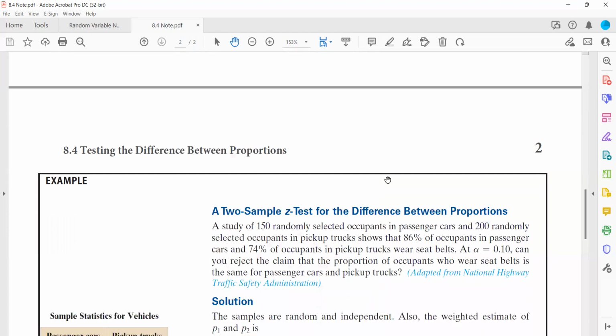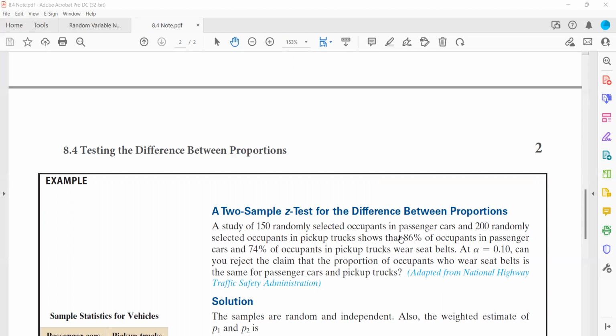A study of 150 randomly selected occupants in passenger cars and 200 randomly selected occupants in pickup trucks show that 86% of occupants in passenger cars and 74% of occupants in pickup trucks wear seat belts.